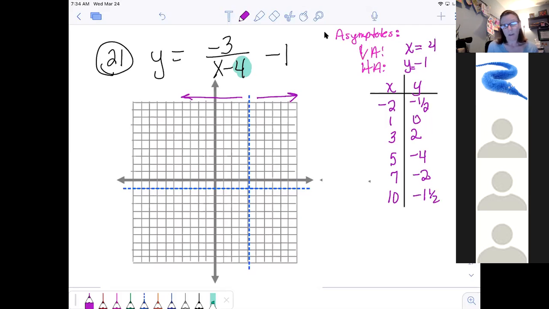So have your X values, found the Y, graphing them, plotting some points here, and then making that curved branch connecting those 3 points.